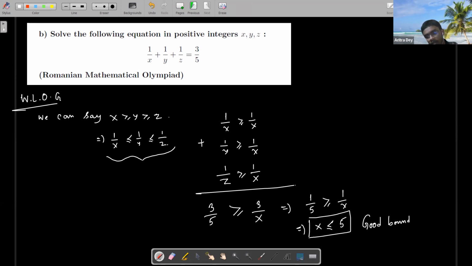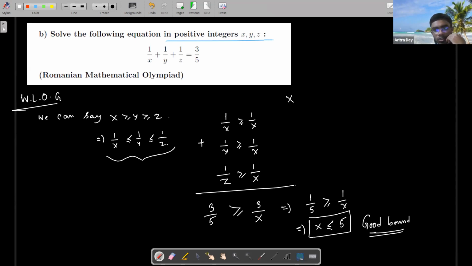But if I get the previous bound, like a lower bound of x, that is not very helpful, because the solution is asking for positive integers, and you can't bound a positive integer above, but yes, you can bound a positive integer from below.